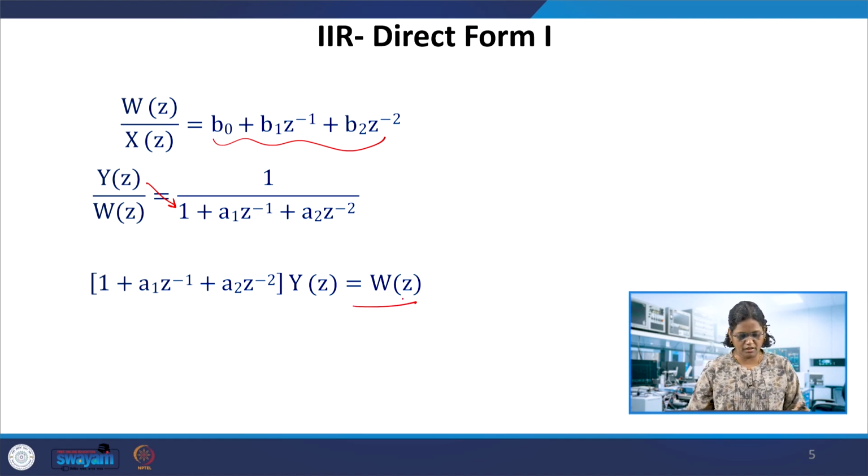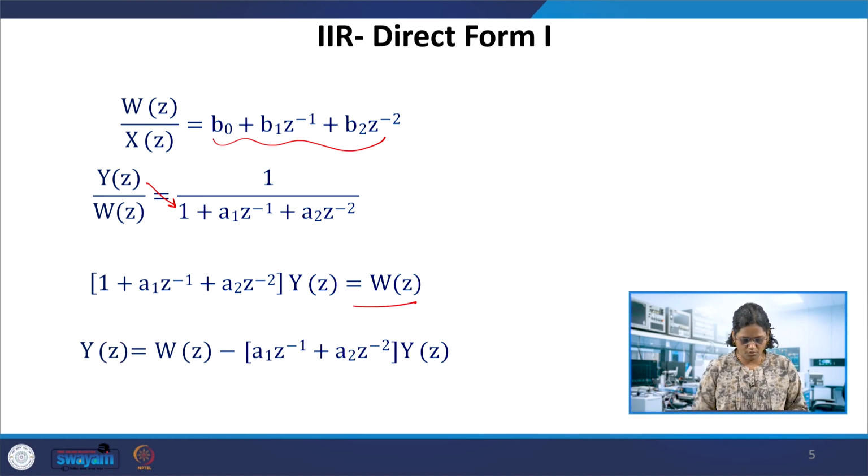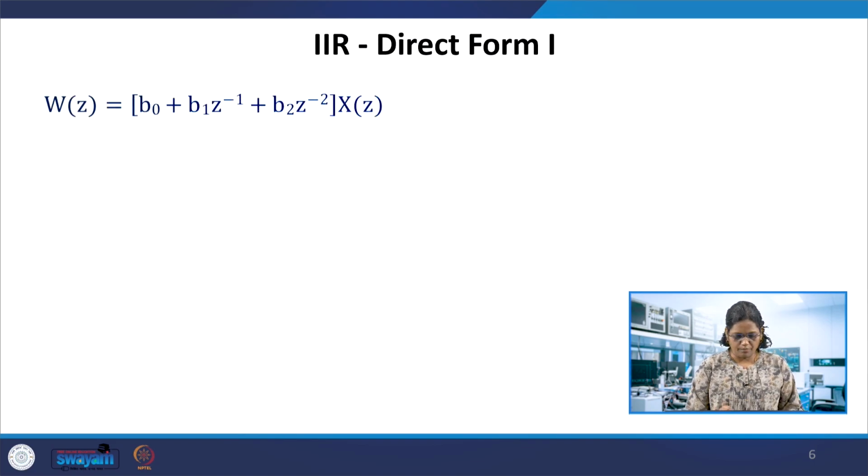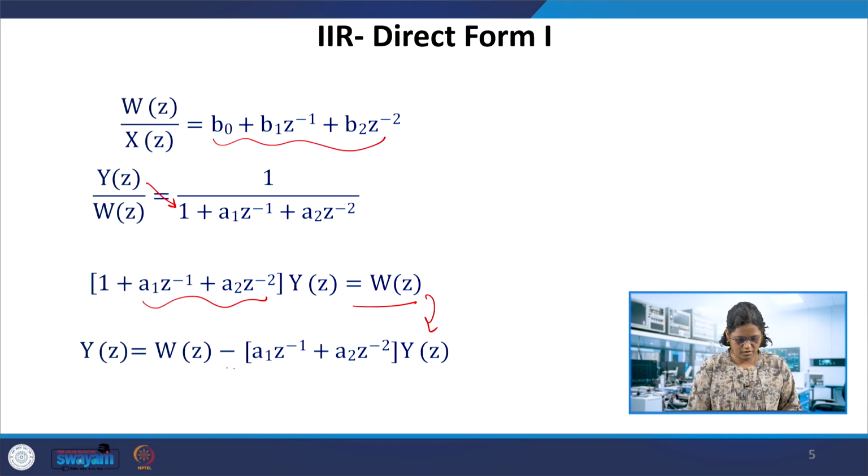So from H2, Y of z equals W of z, and you bring the Y terms to this side, so on the right side, a1 and a2 are multiplied with Y of z. This equation can be obtained from here. So these two, push them to the right hand side. From that, we get one equation: Y of z equal to W of z minus a1 z to the power minus 1, a2 is delay 2, Y of z.